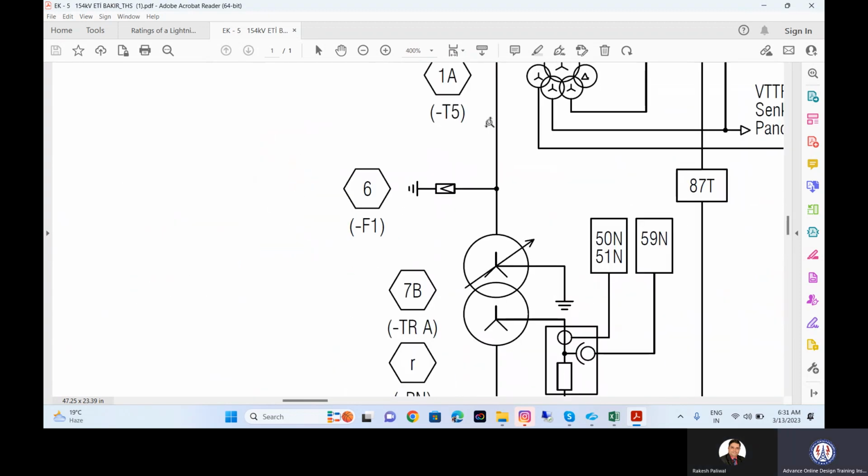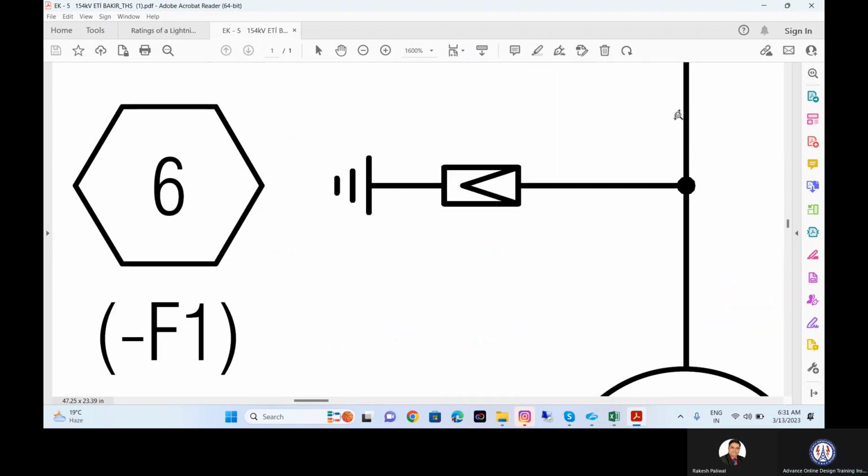Look, in normal condition, this basically forms a capacitor. This is my high voltage, this is my low voltage. So in normal condition it is just a capacitor. So some leakage current flows as a capacitor from the high voltage. Means this is not the power frequency current. This is just a small leakage current which is flowing because of high voltage to the ground.